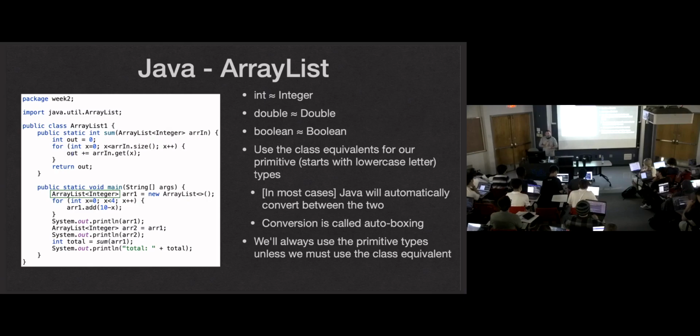There's one case where it will mess us up, and that's when it's your return type. Specifically when you're submitting to AutoLab and you have the wrong return type. I see students do this every semester, and I have no idea why. Don't be the person who does this. In the homework assignments and in my lecture examples, I will always use the primitive types unless we need the class equivalent.